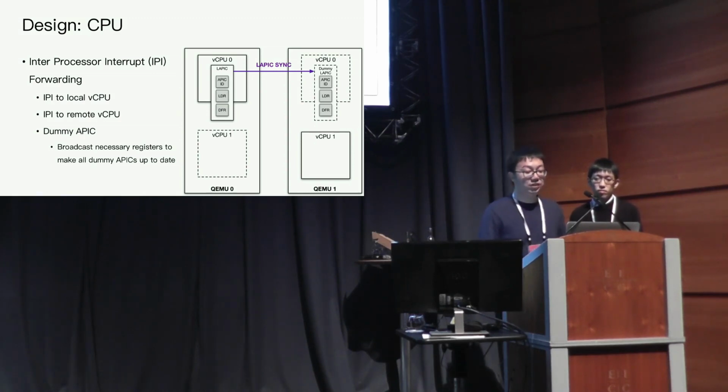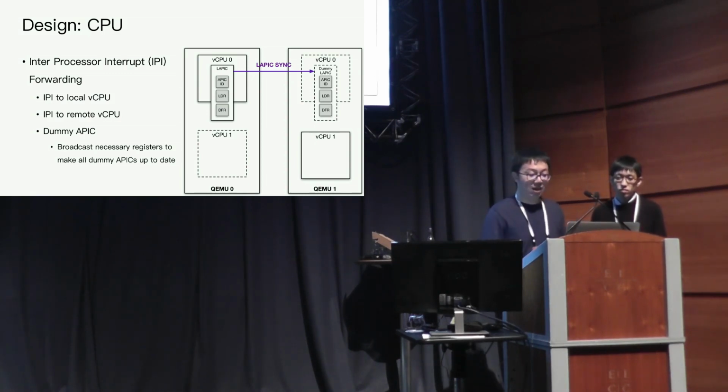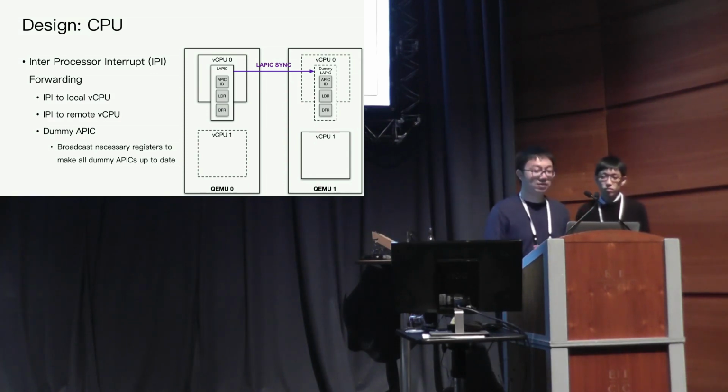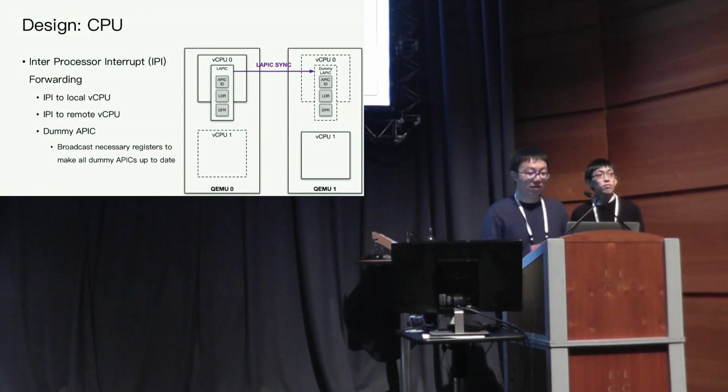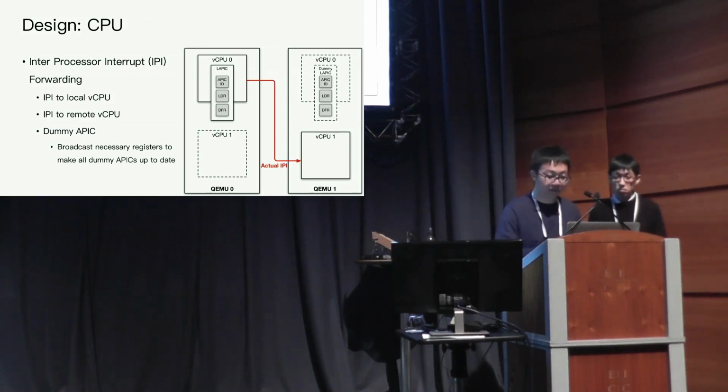But in a distributed environment, we cannot check the LAPIC of remote vCPUs. So we initialize dummy APICs for remote CPUs to provide those 3 necessary registers. Whenever a local vCPU modifies one of those 3 registers, it will do a broadcast to make all dummy APICs up to date.